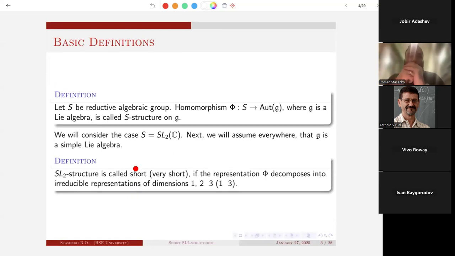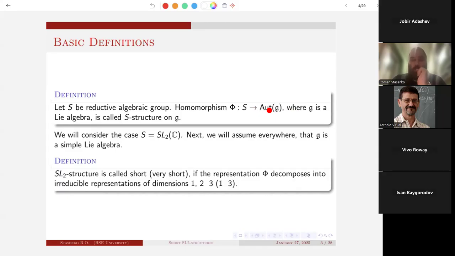talk about a special definition. Let S be an arbitrary reductive algebraic group, and we take a homomorphism from S to the group of automorphisms of the Lie algebra g, and this homomorphism we will call an S-structure on g.